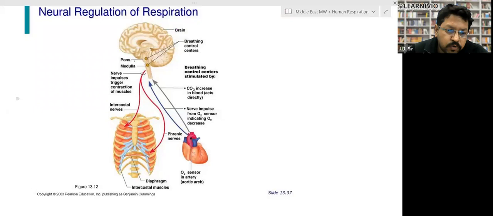A respiratory or breathing control center lies in both parts, present in the pons as well as in the medulla. So there are two points where they are present.